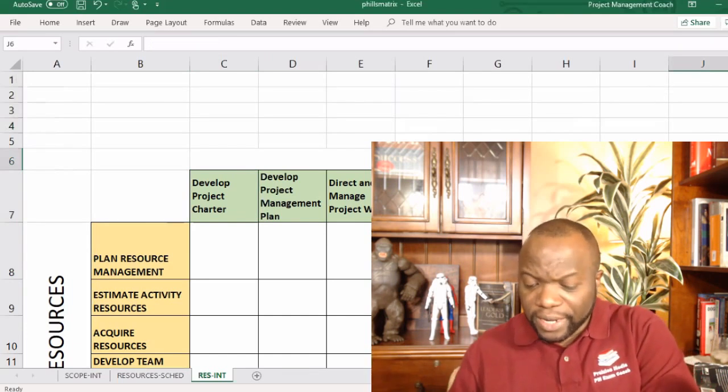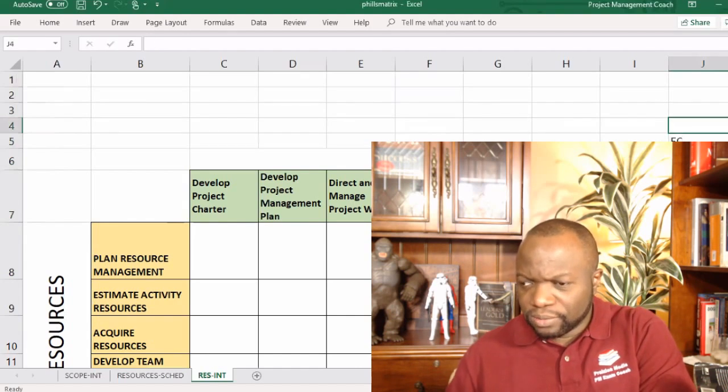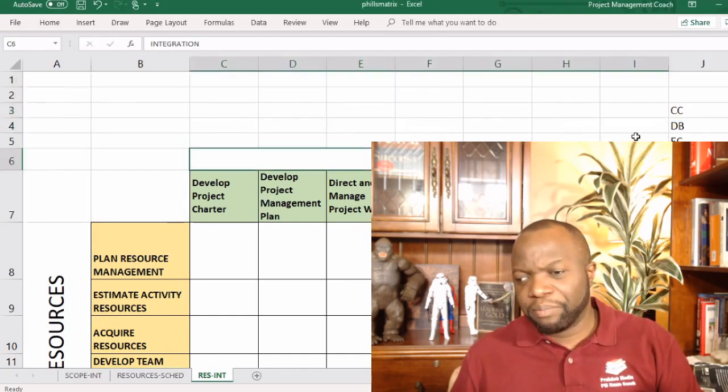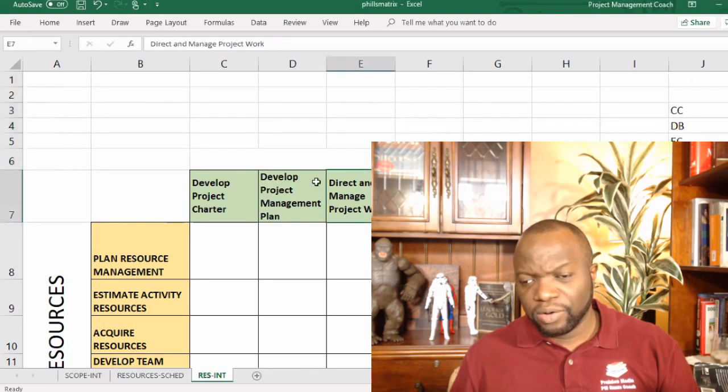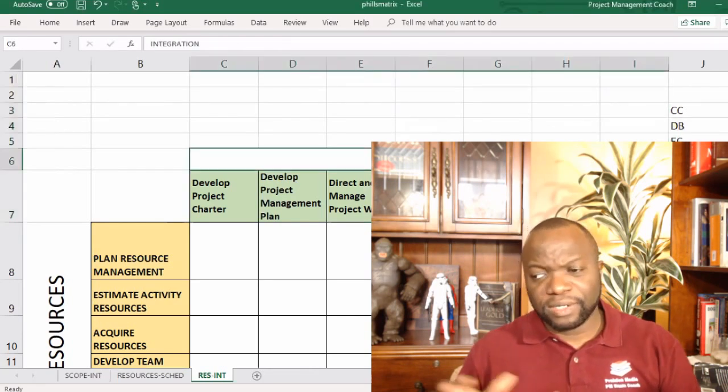So you could have plan cost management, estimate cost, determine budget, control cost, and then you can map either from here into integration or from integration into these. It really depends on what you want.